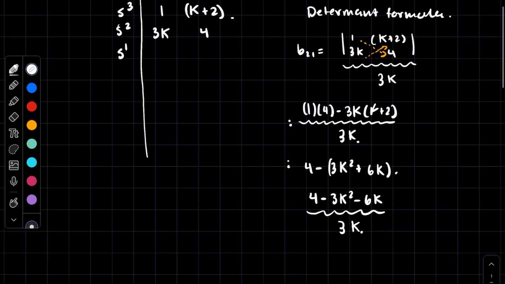And we can just put this here for the S1 row, in column 1.